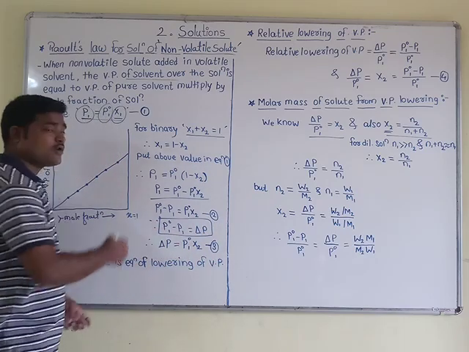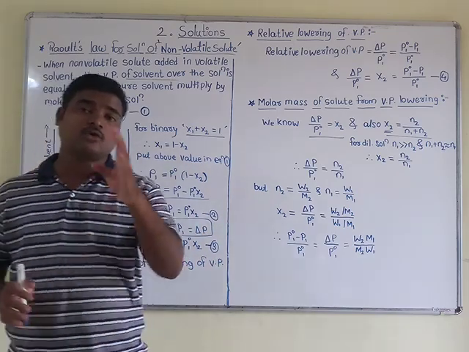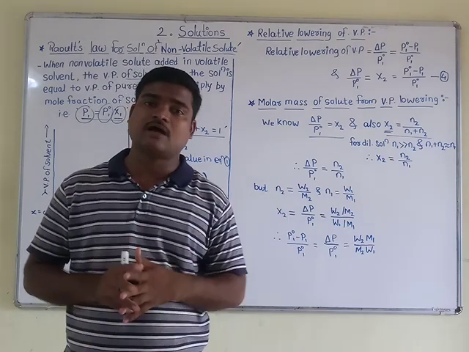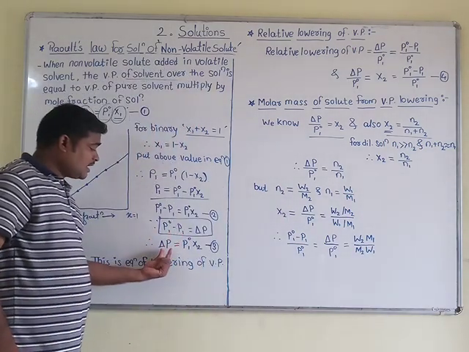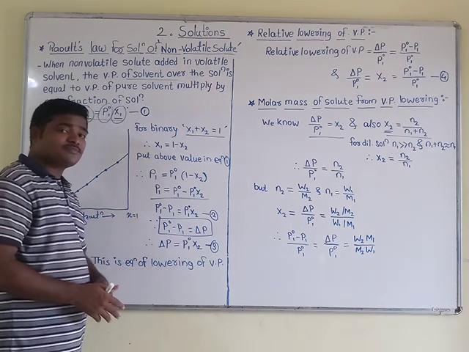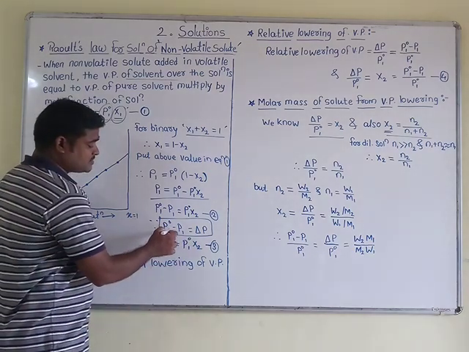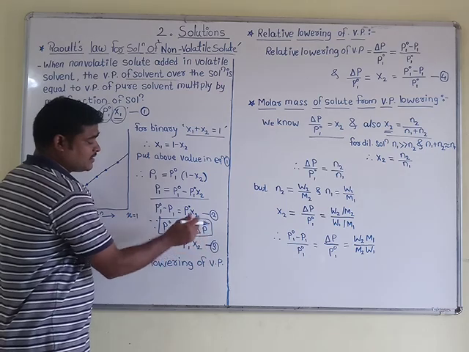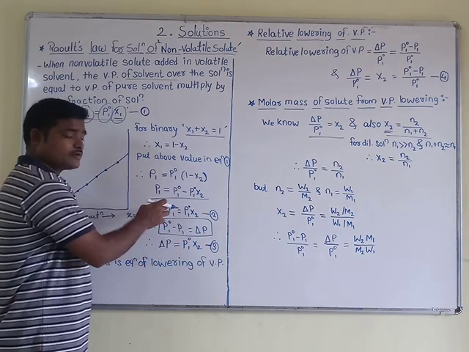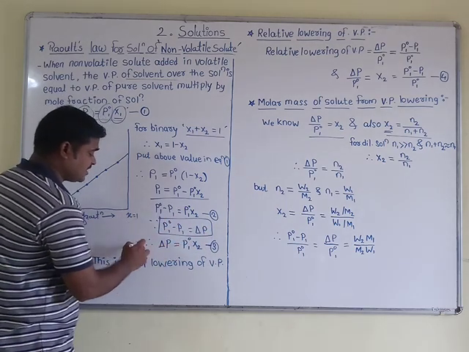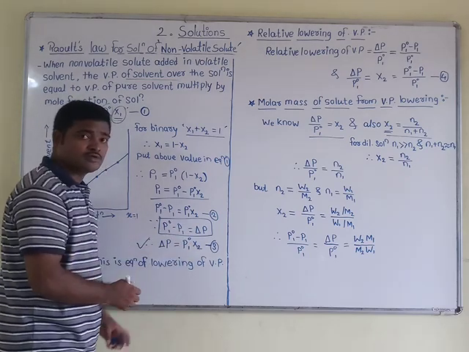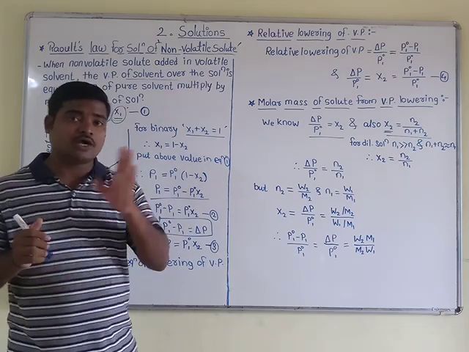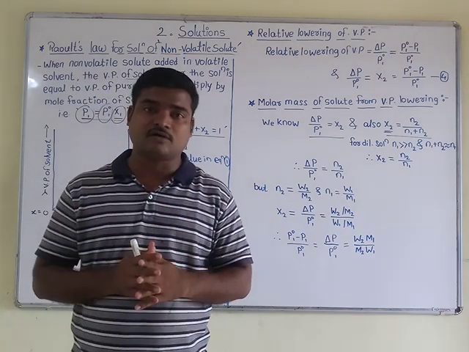This point we have already seen in lowering of vapor pressure in our last video lecture. Here, if the value of P1 0 minus P1 is delta P, I substitute this value in the above equation, and I get delta P equal to P1 0 x2. In terms of x2 we have got this equation, and this is very important.